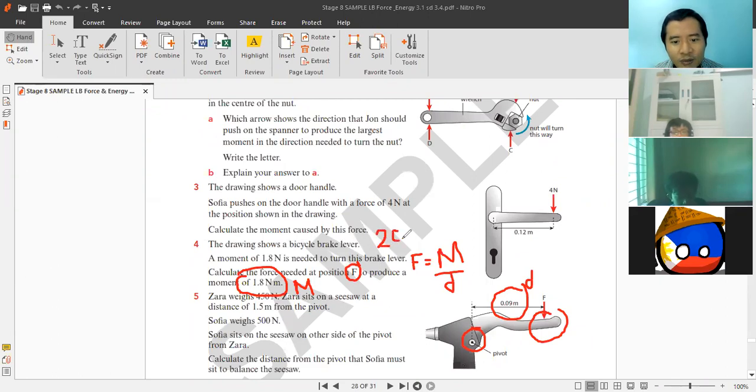Yes, 20. The unit is, Mbak Fiza, the unit of the force is Newton. Okay, thank you so much.